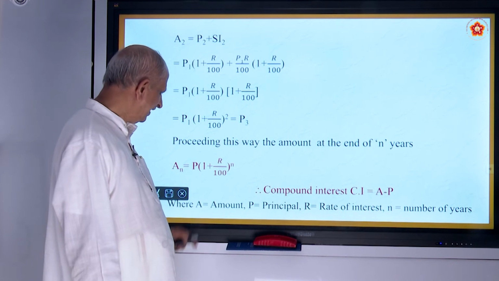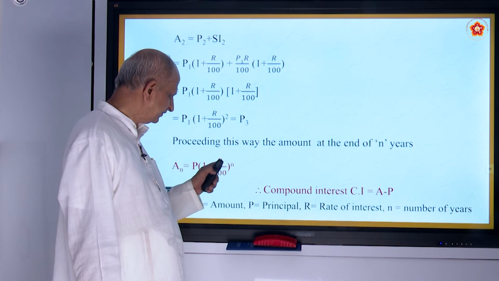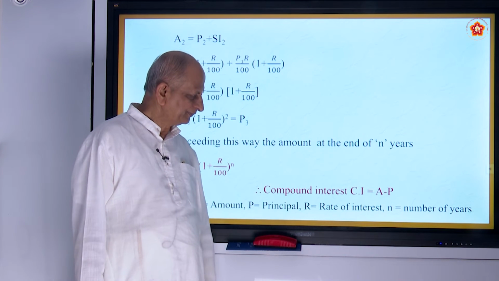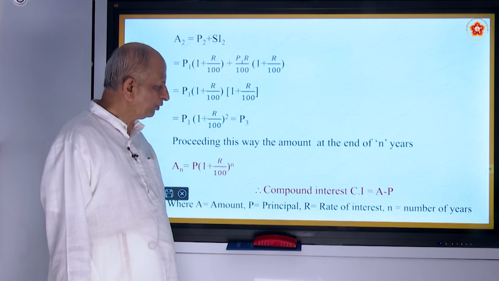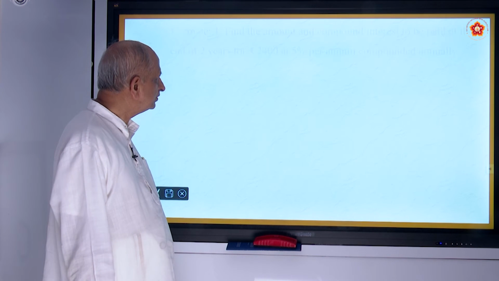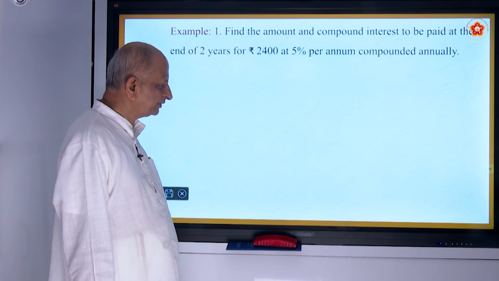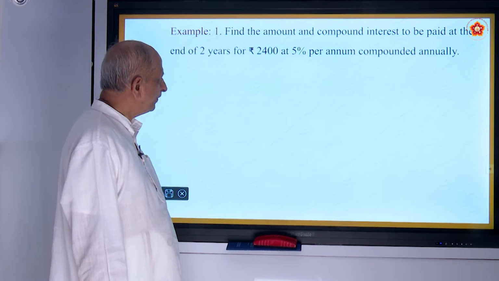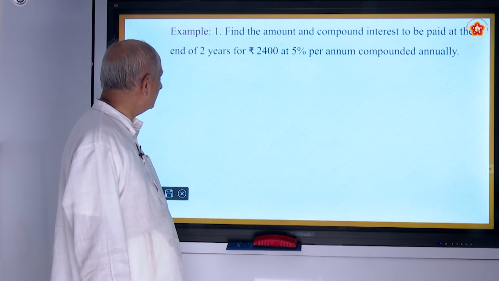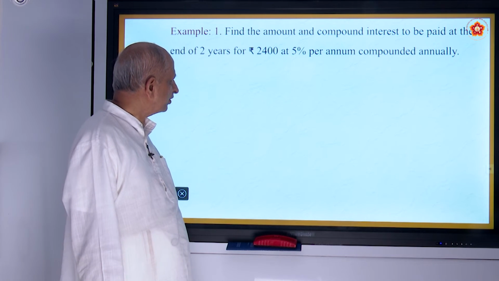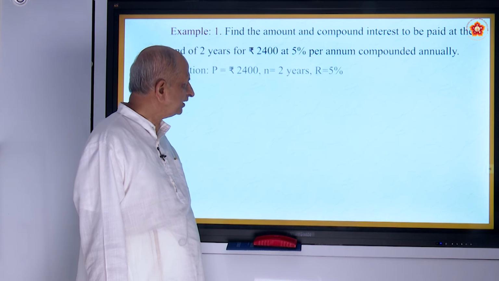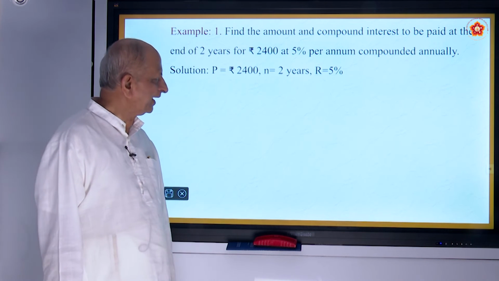Here R, P, A, etc. are capitals, and n is used as a small letter. Okay, shall we go on to the next problem now? One problem we will work out on this. Find the amount and compound interest to be paid at the end of 2 years for rupees 2,400 at 5% per annum.